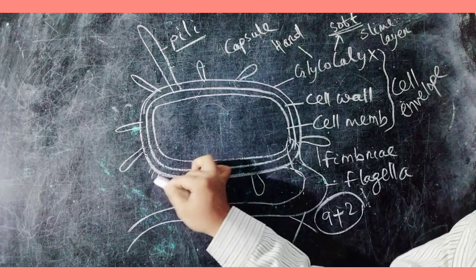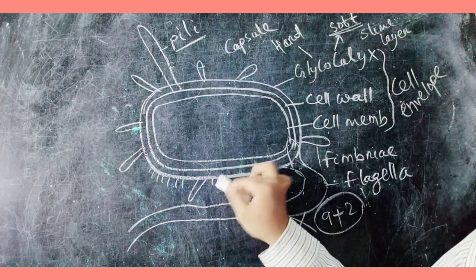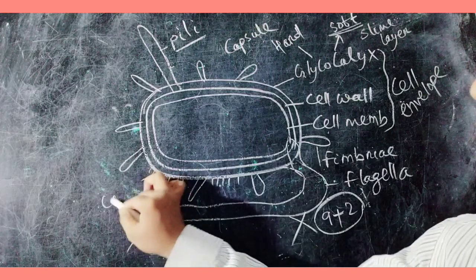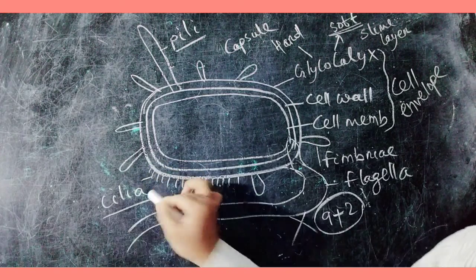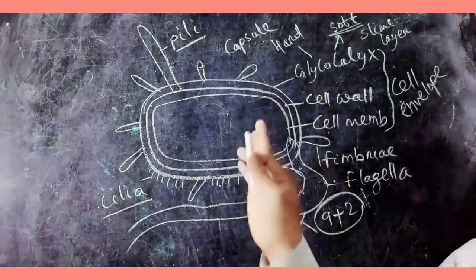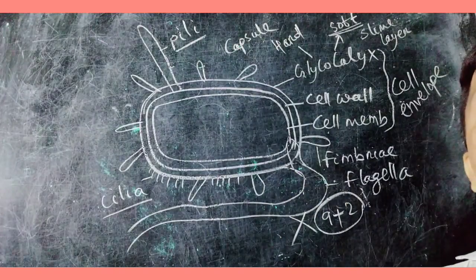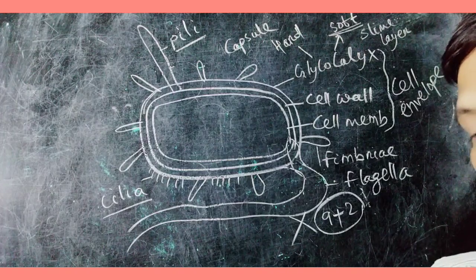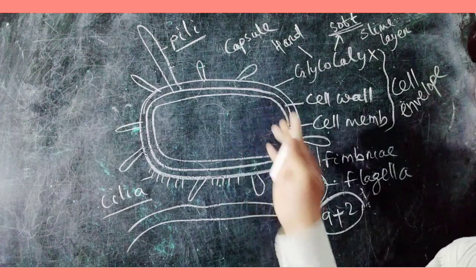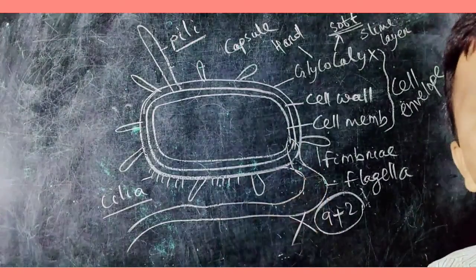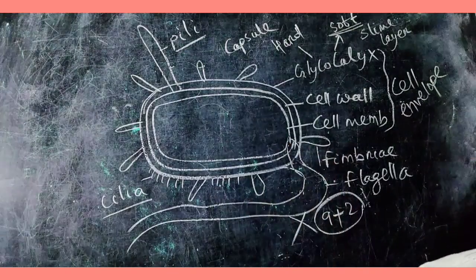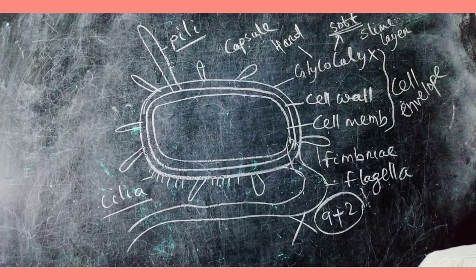On its outer surface, sometimes small hair-like structures are found. These are called cilia. So cilia, flagella, villi, fimbriae, these are various external structures found in prokaryotic cell. Clear? So the cellular envelope and all outer structures have been described.